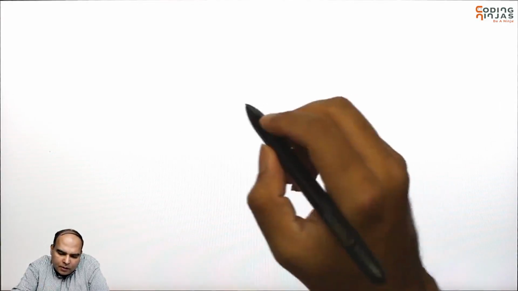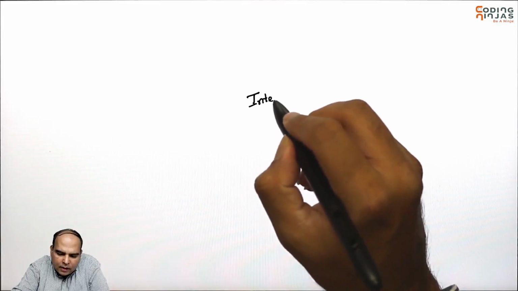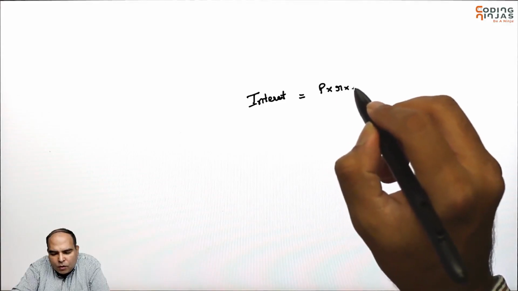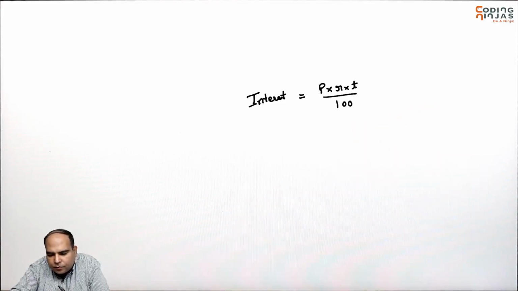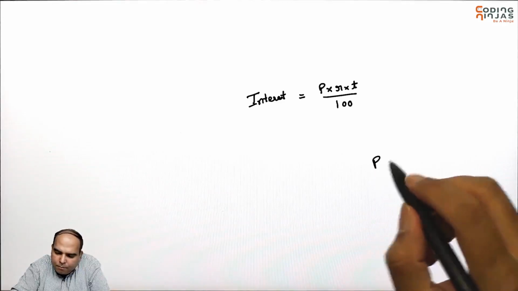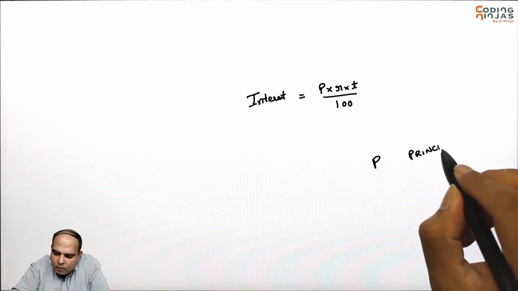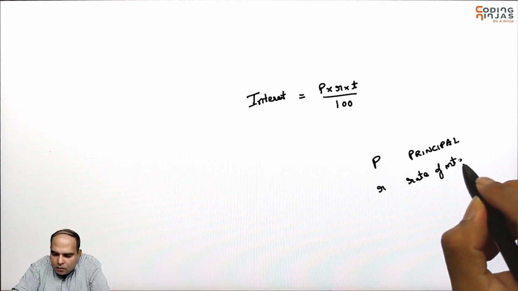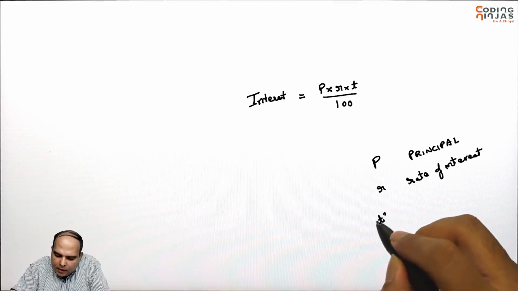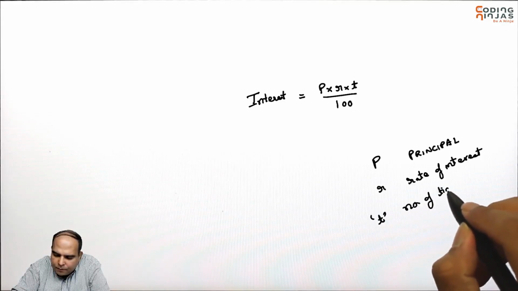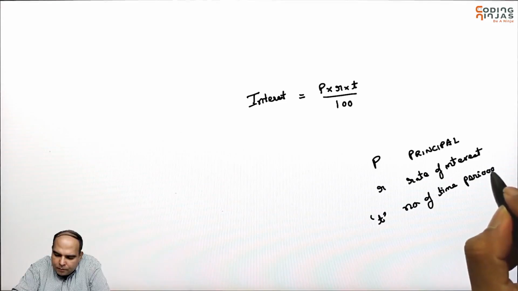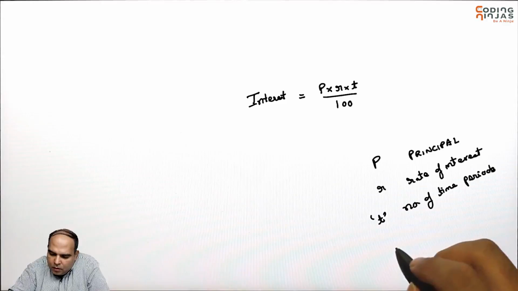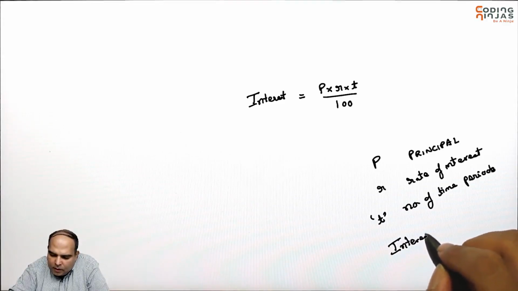The basic formula in simple interest is that the interest earned is given as P into R into T upon 100, which basically means that if you have P being the principal, R being the rate of interest, and T being the number of time periods, then the interest earned is given by this formula.